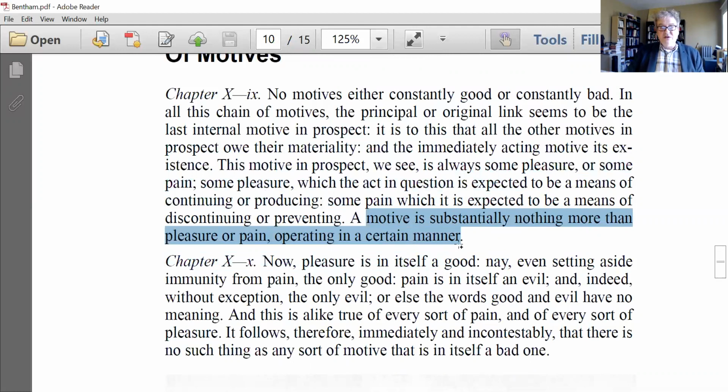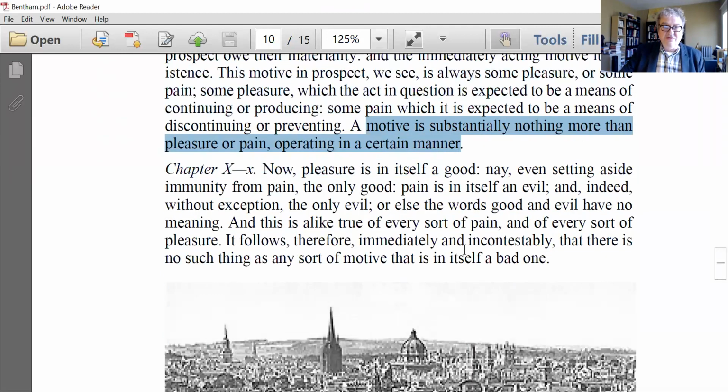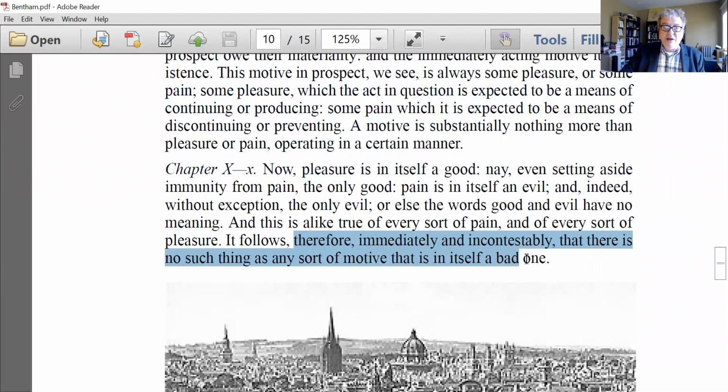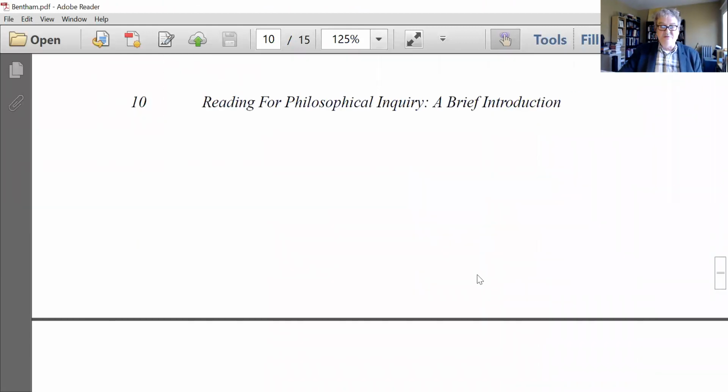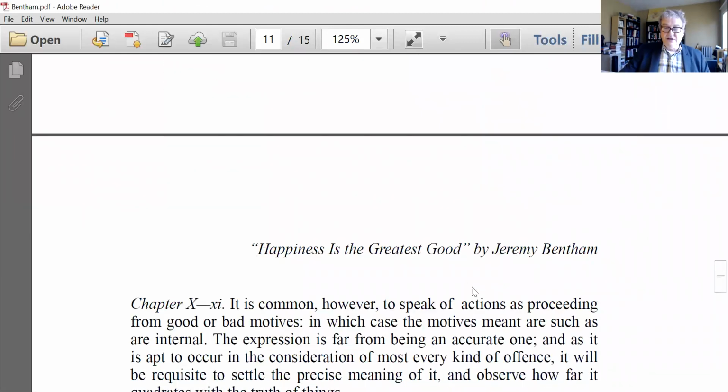So there are no good or bad motives in themselves, right? It's only whether or not they lead to some good or bad outcome. And then there's some more on motives here that can fill in even more about this particular idea.